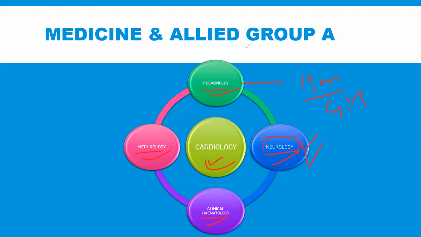Cardiology is a must for everyone, but in the rest of these 3 rotations, you can miss 1 rotation, but you have to take the rest. Cardiology is a must for everyone, either Group A or Group B.